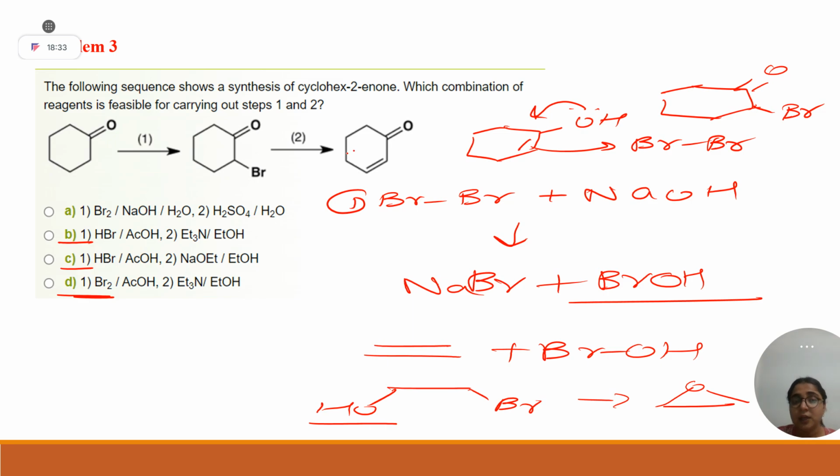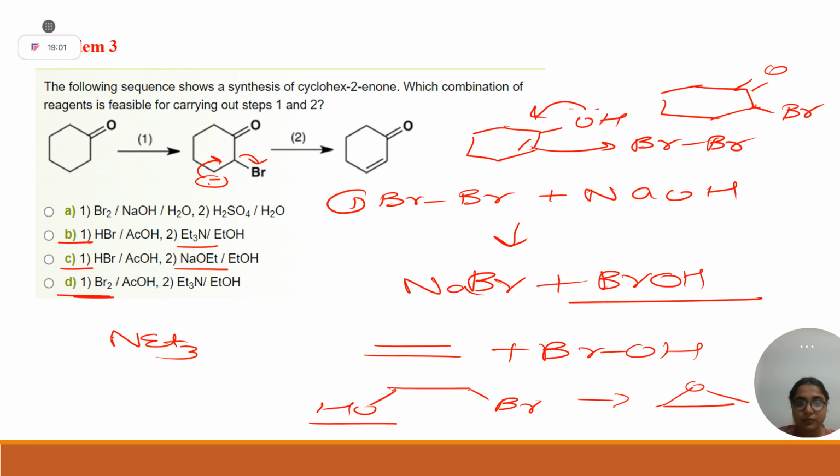Okay. So in step 2, after you got this product, what you need is a strong base that can abstract this proton, so that the negative charge can come back and remove Br. Correct? So which is stronger among triethylamine and sodium ethoxide? Sodium ethoxide, student. Now you will ask, ma'am, why?